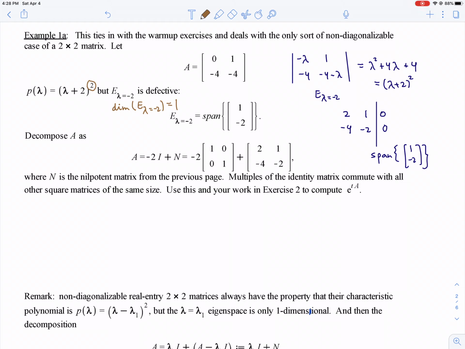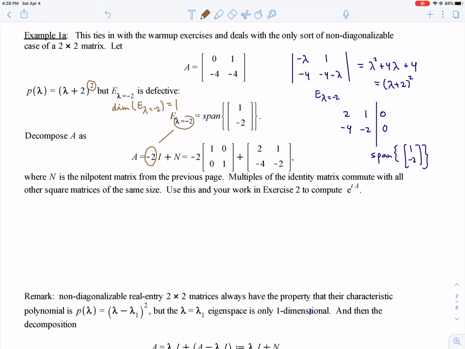Okay, so in this 2 by 2 case, what we're going to do is decompose A as a linear combination of the identity matrix, and the multiple we'll take is the eigenvalue.